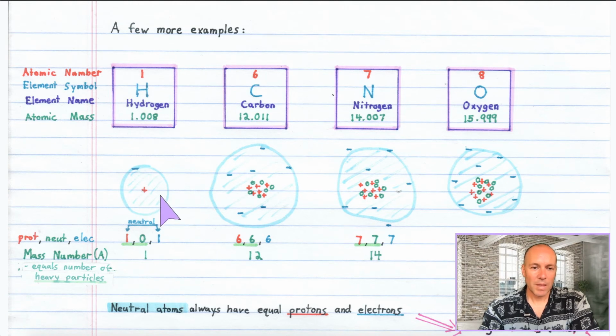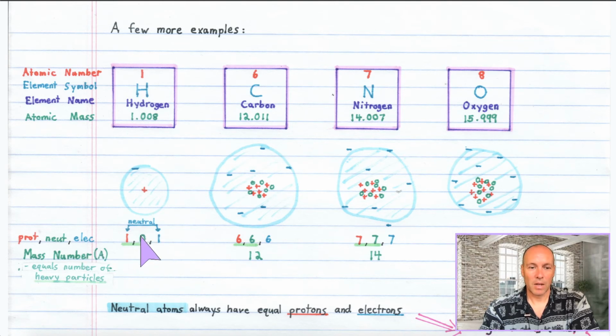In the hydrogen atom, it's pretty interesting that there are no neutrons. Most hydrogen atoms have 0 neutrons in them. They just have 1 proton and 1 electron. So 1, 0, 1.